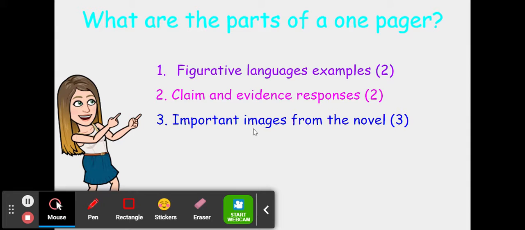Then the third part is important images or pictures from the novel. You're going to pick 3 things that you feel represent the novel. When you imagine Fever 1793 in your head, what do you think of? What are 3 pictures that you think of? And you're going to draw those on your one-pager and explain why they're important in the novel.